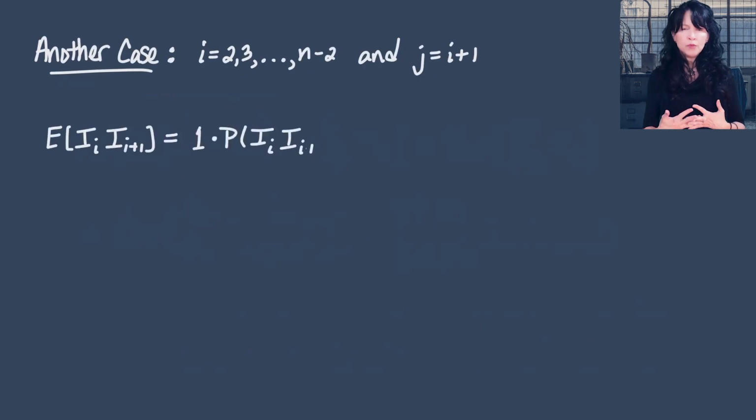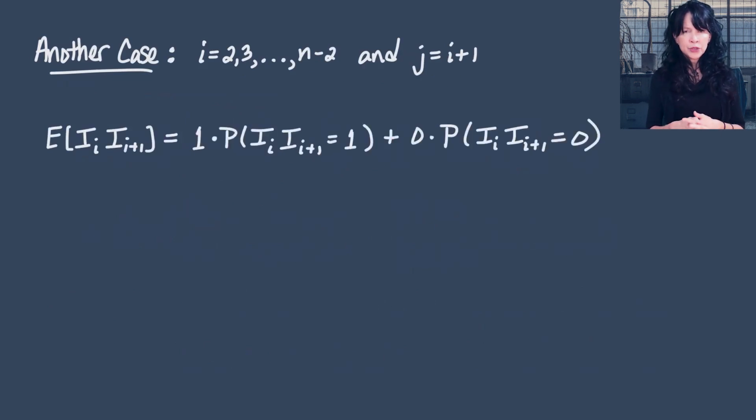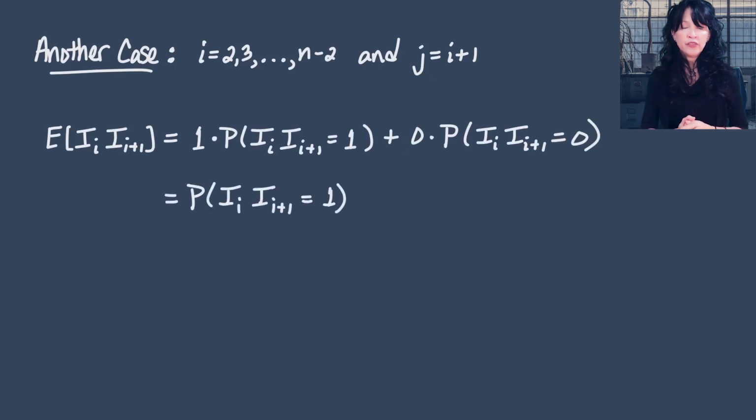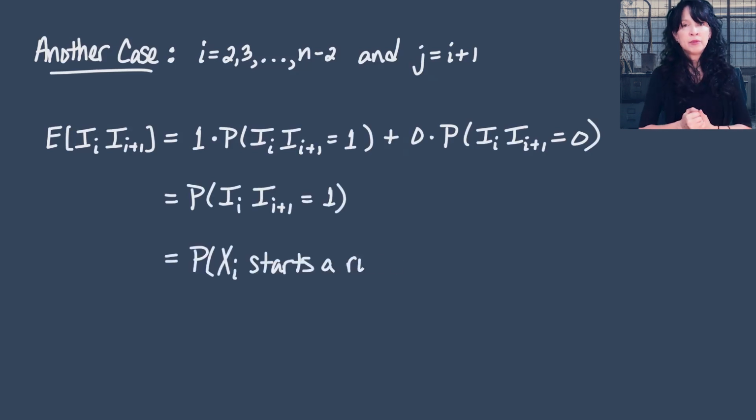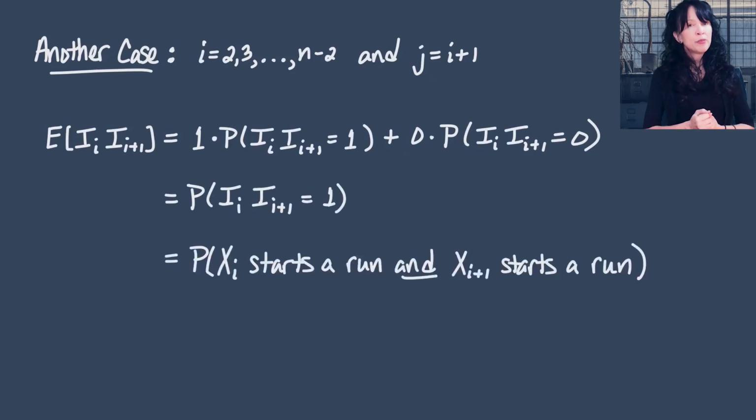This is 1 times the probability the product is 1 plus 0 times the probability it's 0. So we just end up with the probability that this product of indicators is 1. And the product of indicators here is 1 if and only if capital X sub I is starting a run and capital X sub I plus 1 is starting a run. So how do we compute this probability?